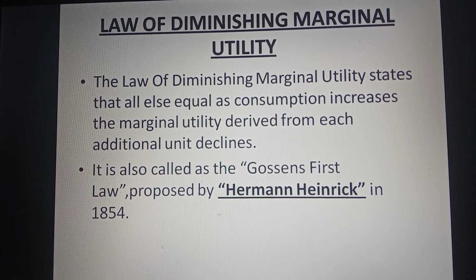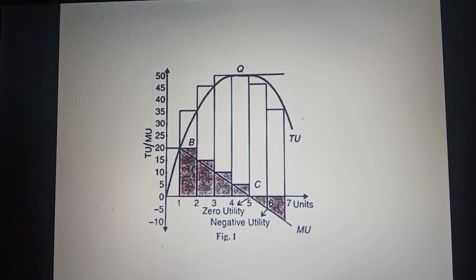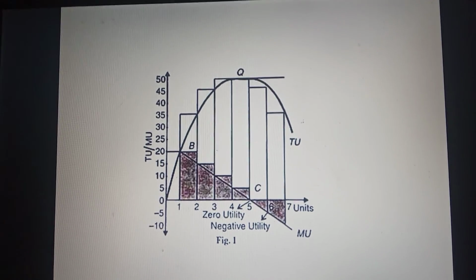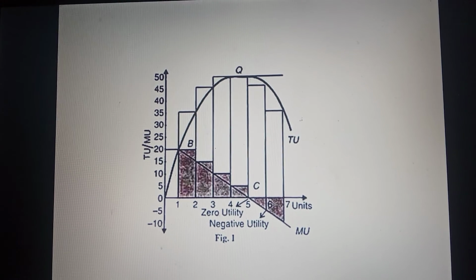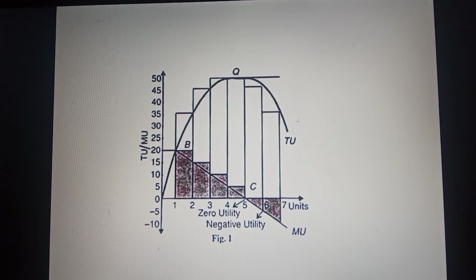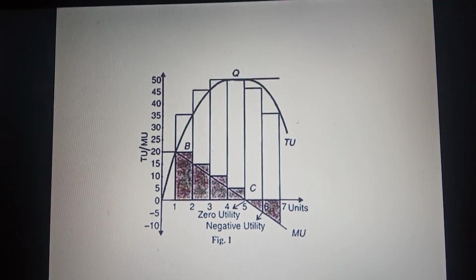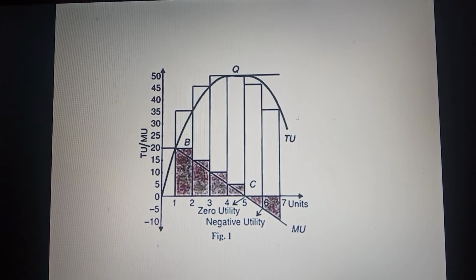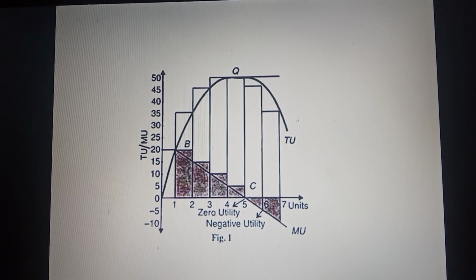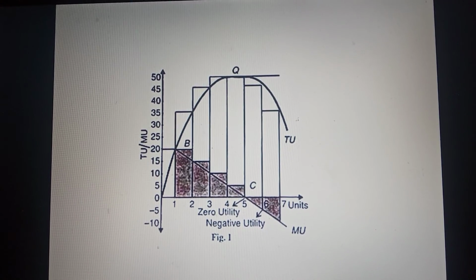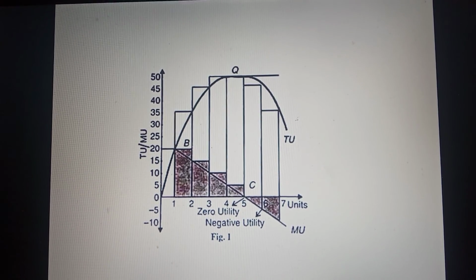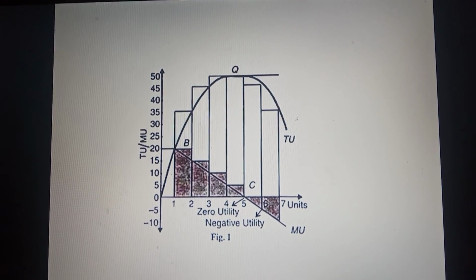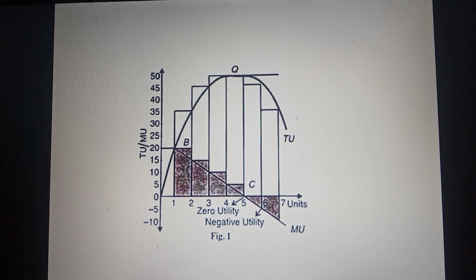We can conclude it with the help of this graph. You can see it is only the marginal utility that declines, not the total utility, which is increasing but at a decreasing rate. As an individual consumes more and more units of goods, the intensity of his wants for the goods goes on falling, and a point is reached where the individual no longer wants any more units of the goods.